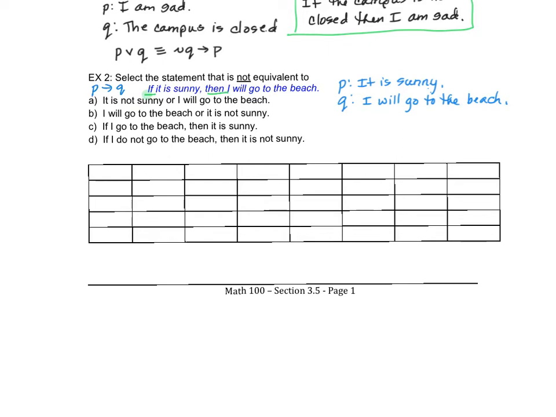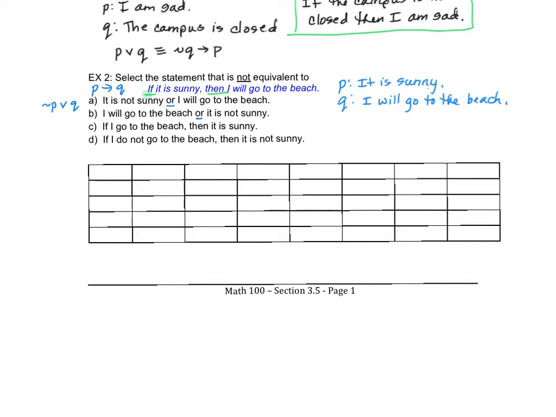A, it is not sunny, or I will go to the beach. So that would be not P, or I will go to the beach is Q. And then B is I will go to the beach, or it is not sunny.